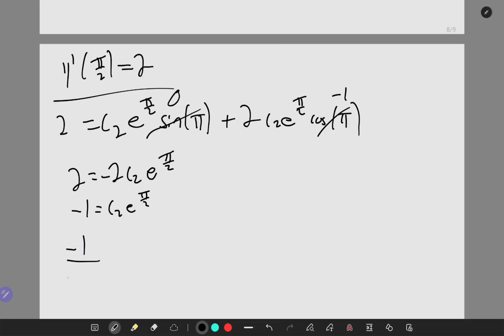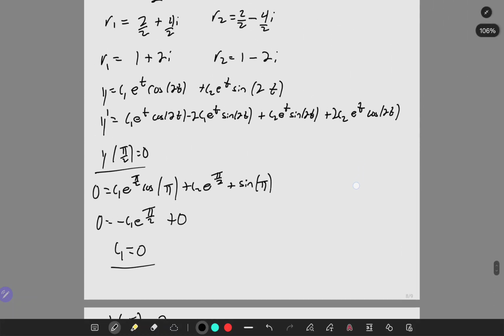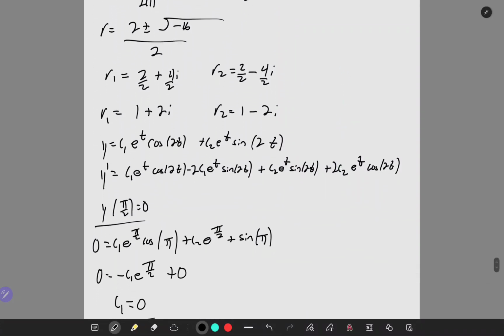This would be, right, which can be rewritten. So then, where was it?